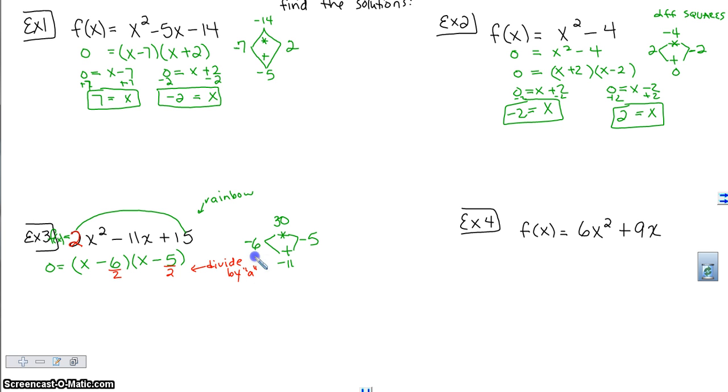Okay, so now we're going to reduce our fractions. So 6 divided by 2 gives us 3. This one does not reduce, so I'm just going to write that one down. Now I'm going to kick this 2 out front of this x.